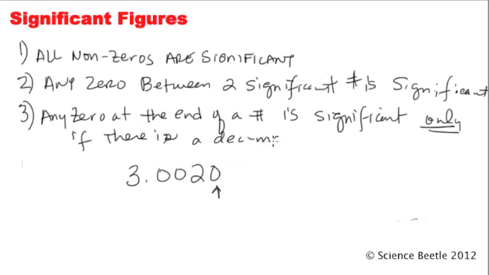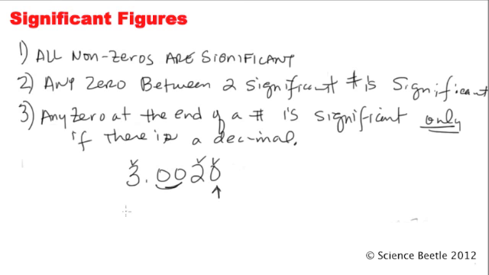That's the only way that this particular 0 at the very end is going to be significant. So if we count, the 3 is significant, the 2 is significant, and the 1 is significant. These two zeros here, we're going to get to when we get to number 4.